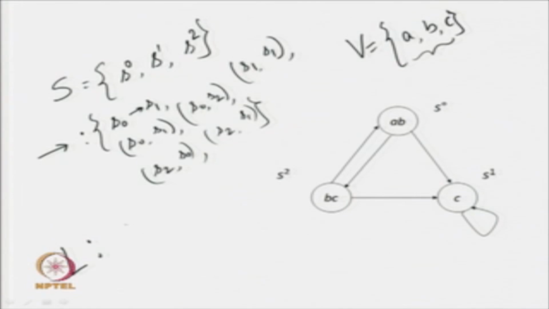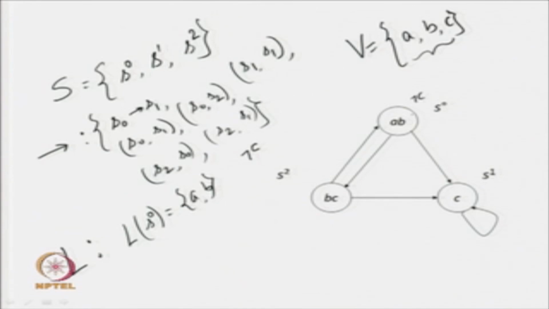So, here L of S0 is basically nothing but A and B. So, when we are coming to this state S0, the atomic propositions A and B are true, and indirectly it says that in S0, C is not true. That means we can say not C, we can label it by not C also.